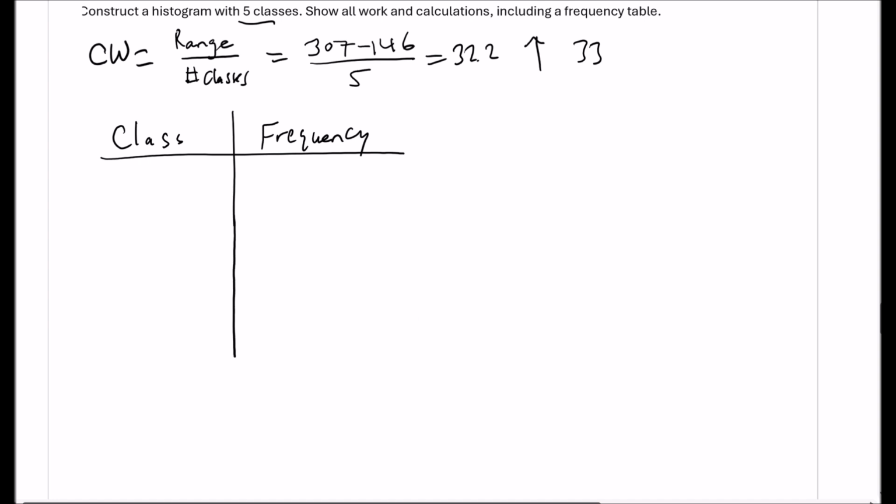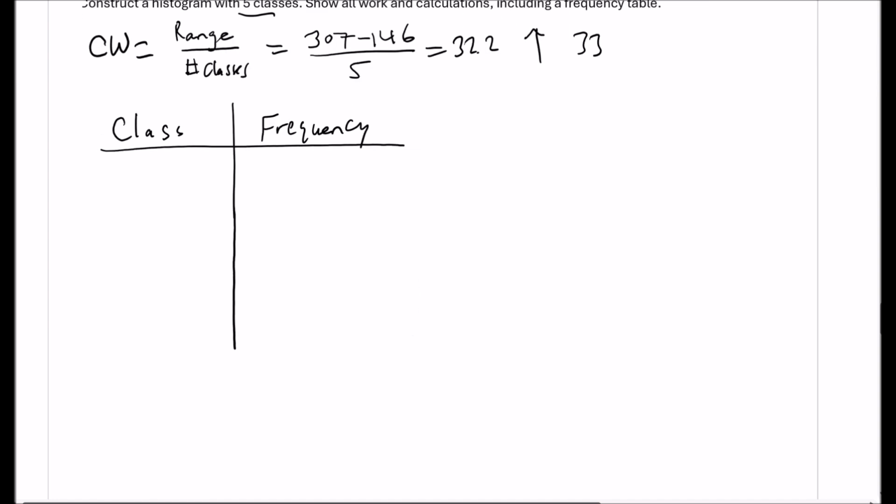We start with the smallest number, which is 146, and we add 33, the class width, to it. So 146 plus 33 is 179. We keep adding 33 until we get to 5 classes.